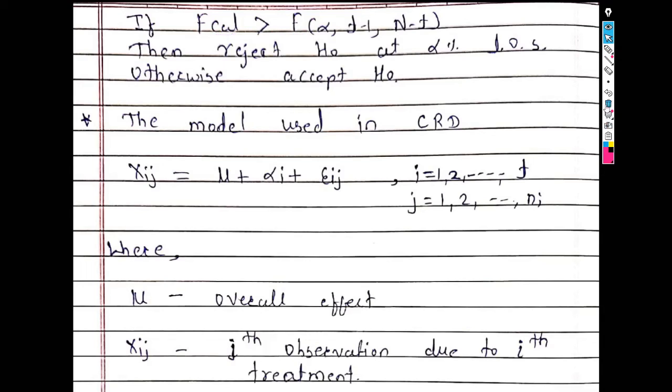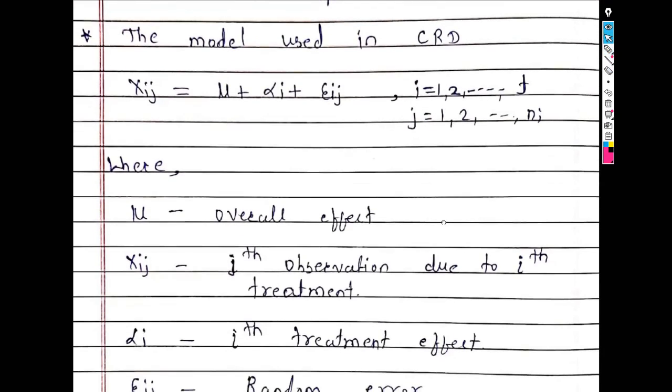Now we are going to discuss one linear model which is used in completely randomized design. This is the model which we use in completely randomized design.